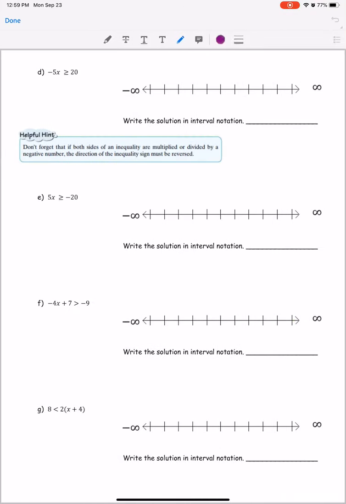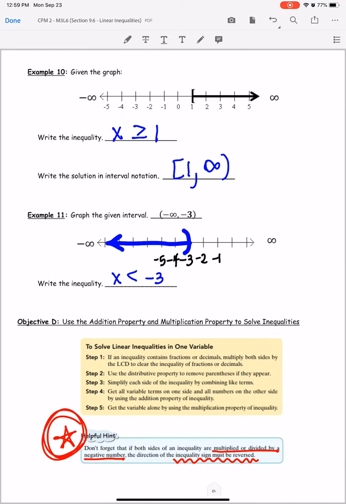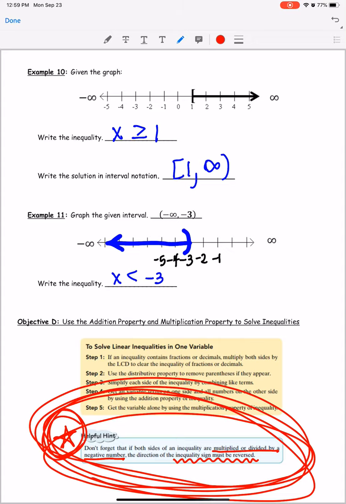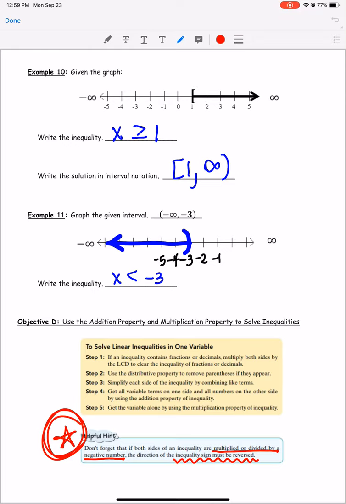Everything else is the exact same. So when I divide both sides by a negative 5, this is where that new rule comes in. When I multiply or divide by a negative number, the direction of the inequality sign must be reversed.